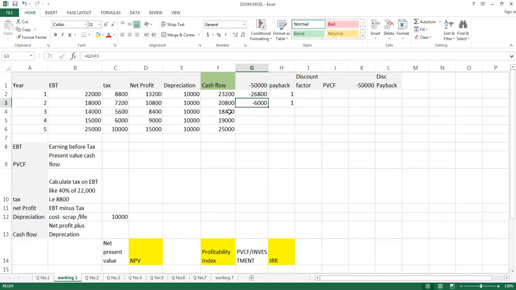In the third year, we are receiving 18,400, while we only need 6,000. This year is important to understand: whenever the amount that you need is less than the amount that you are receiving, you can apply a fraction to see how much of the year you need to recover this amount.